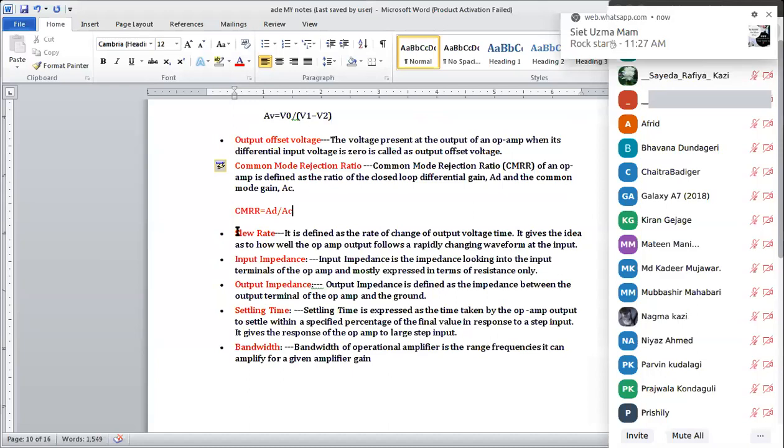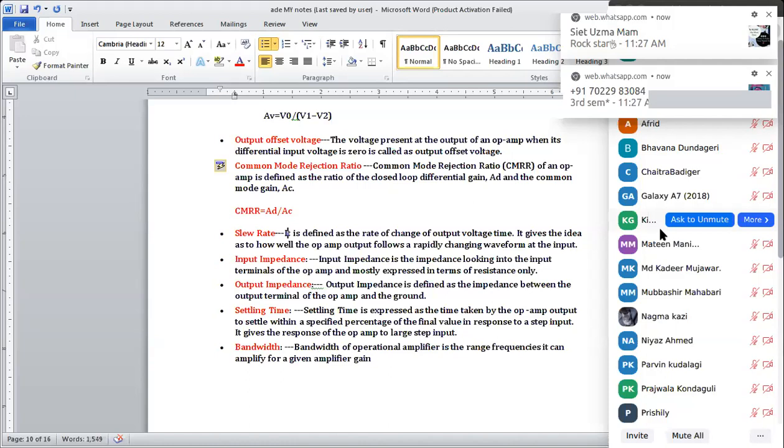Then the next characteristic is slew rate. The characteristics are slew rate, input impedance, output impedance, settling time, and bandwidth.